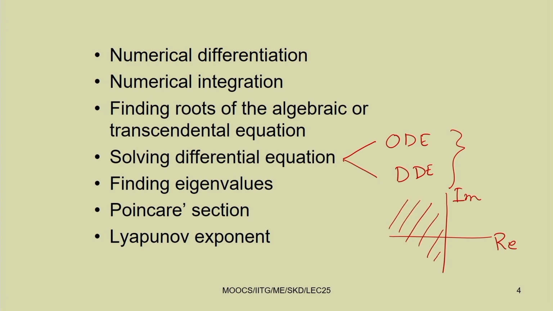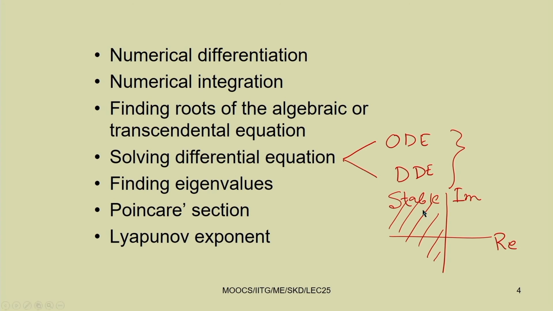If the real part of the eigenvalue is in the left hand side, it is stable, and if it is in the right hand side it is unstable. Also we know regarding marginally stable systems.